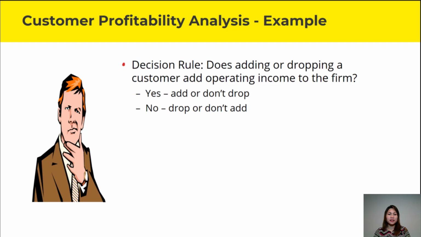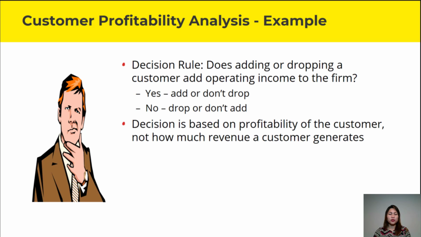If it doesn't add operating income to the firm, then you might continue your assessment whether you need to drop this type of customer group. Remember, the decision is based on profitability of the customer, not how much revenue a customer group generates for you.